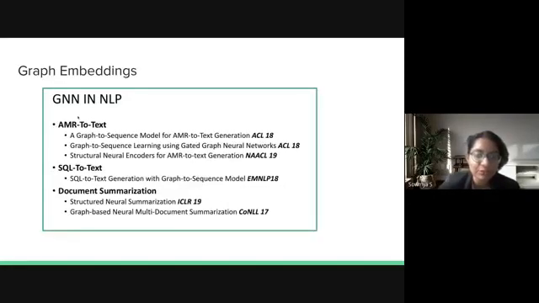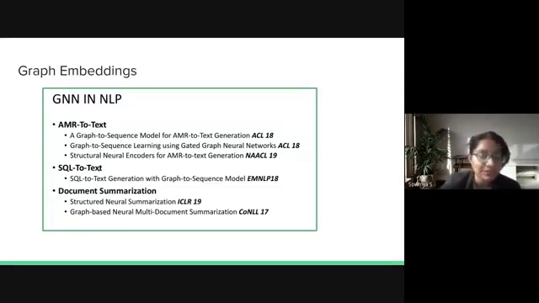So now coming to how graph embeddings are used in NLP, we have something known as an abstract meaning representation that can be converted to text. So now we can see nice ways of combining, say, graph and sequence for AMR to text. Because the input is graph and the output is text, it makes sense that it will be graph to sequence.